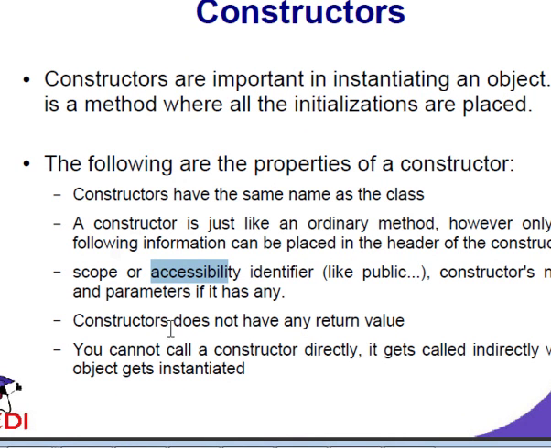Okay, and this is important. A constructor does not have any return value. So if you include a method with the same name as your class and it has a return value, then the compiler will tell you that it seems like a constructor method, but you're returning something you shouldn't.